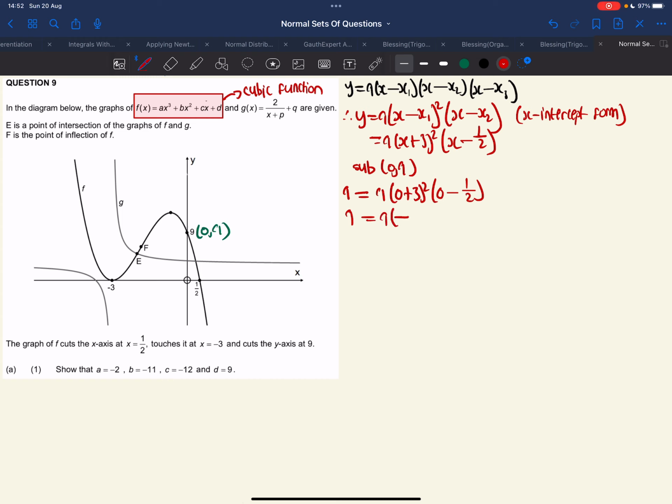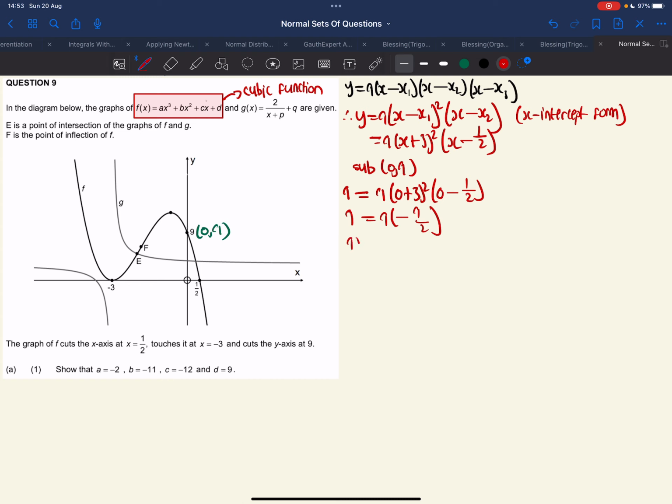9 equals a times 9 times -1 over 2, which gives -9 over 2. Right, and then to get rid of that -9 over 2, we can multiply both sides of the equation by -2 over 9.